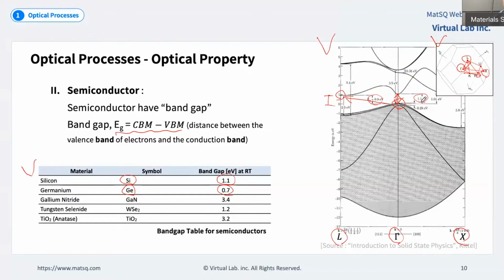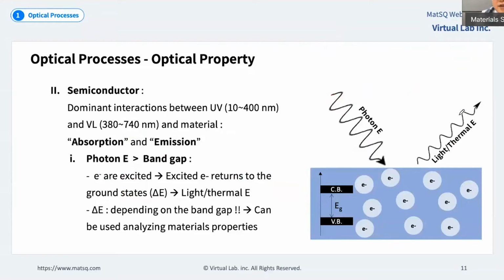In semiconductors, the dominant interactions are absorption and emission, which occur with ultraviolet and visible light hitting the materials. Ultraviolet has 10 to 400 nanometer wavelengths, and visible light has 380 to 740 nanometer wavelengths. If the incident photon energy is larger than the band gap, electrons are excited inside the target material.